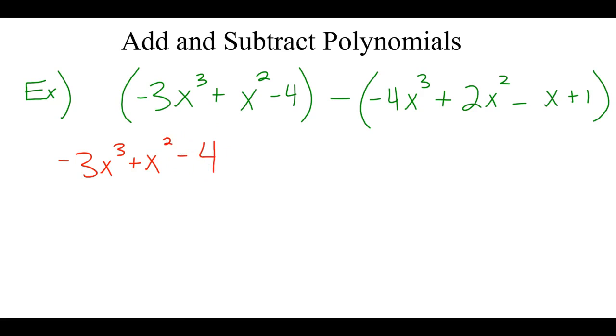But subtracting 4 different things means that you have to subtract each of those 4 things. So in other words, we need to distribute this negative through. So what's minus a negative? So that becomes plus 4x cubed. And then we have to minus the 2x squared. So that's minus 2x squared.